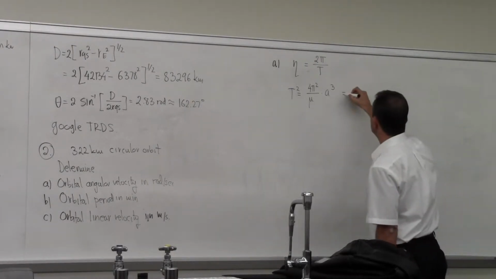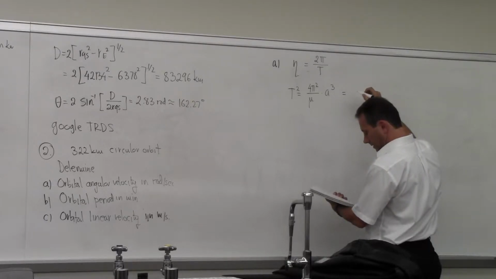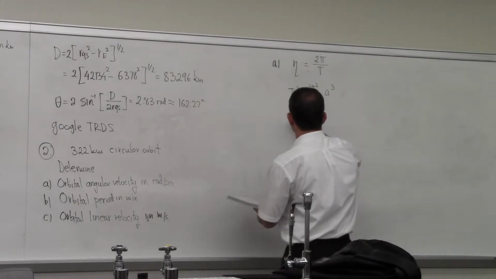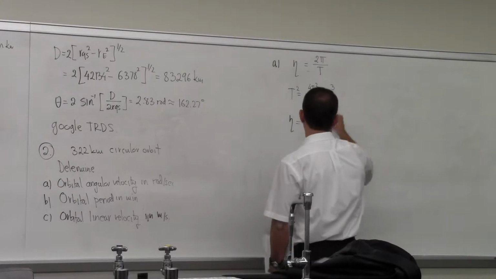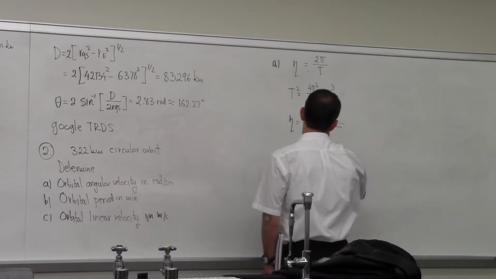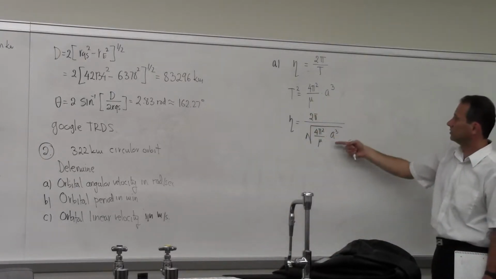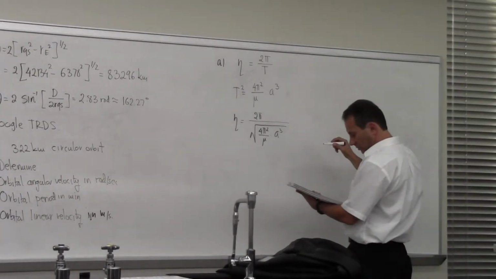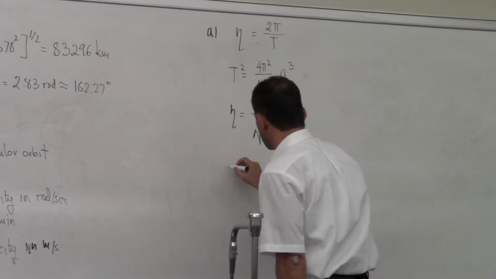I just substituted this into this, so you end up with eta equal to 2 pi over the square root of this quantity here: the square root of 4 pi squared over mu times a cubed. When you just substitute, T is the square root of this.